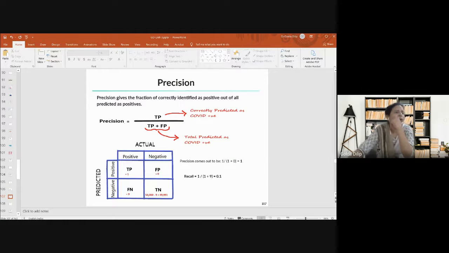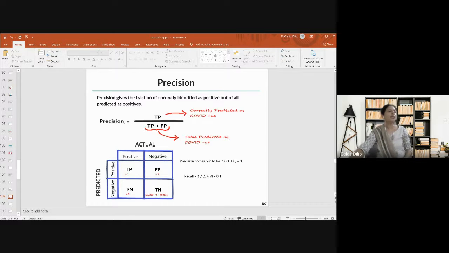I'm showing you different cases here: what happens to your accuracy, recall, and other things when we label everybody as negative, and when we label everybody as positive. Now, precision will give you the fraction of correctly identified positives out of all the predicted positives.